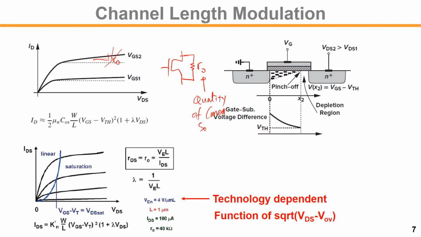A higher RO becomes a more ideal current source, right? So it is important to know how we make this RO larger.